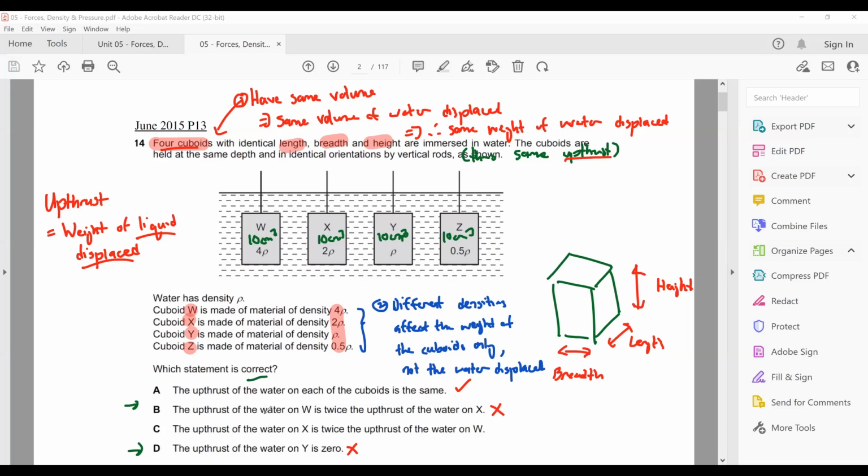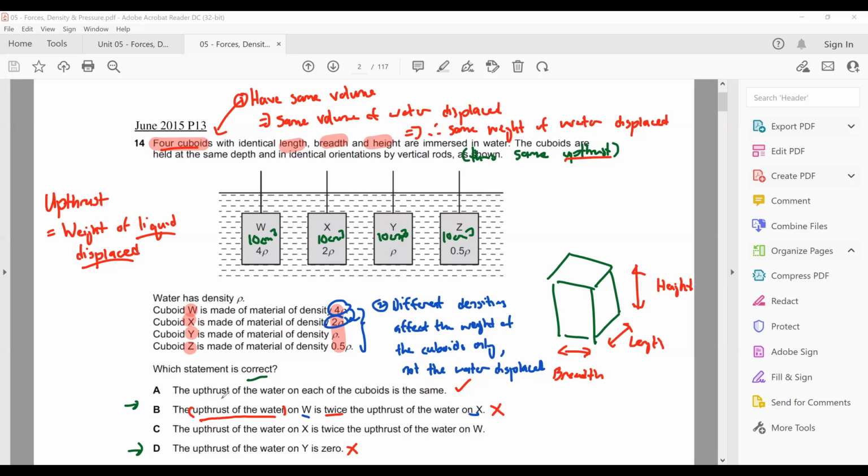So when you're talking about the upthrust of water on W being twice the upthrust of water on X, it's mainly because you see that this density is double this one, right? But because the density is more than this one, it's not to say that your upthrust will be double. This one is not correct. This statement B is wrong because it's saying the upthrust of water on W is twice the upthrust of water on X. It's not supposed to be upthrust.